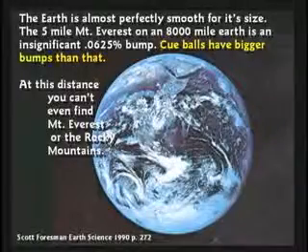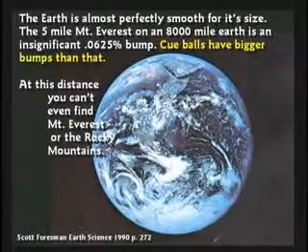Even though Earth has these giant mountains, they're insignificant compared to the size of the Earth. At this distance, you can't even find Mount Everest or the Rocky Mountains. You couldn't find them. This runoff then would cause canyon features to be formed very quickly while the sediments are still soft.